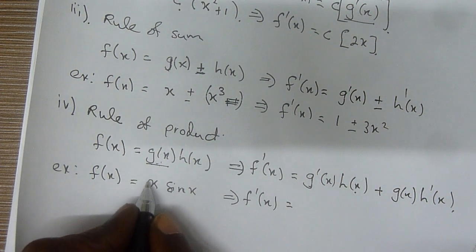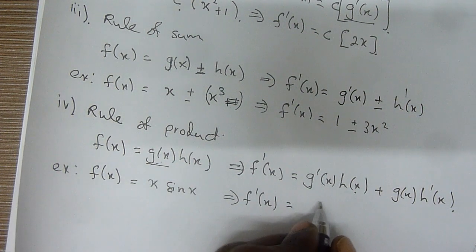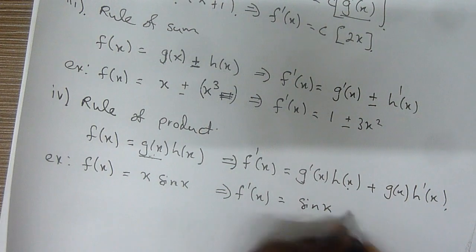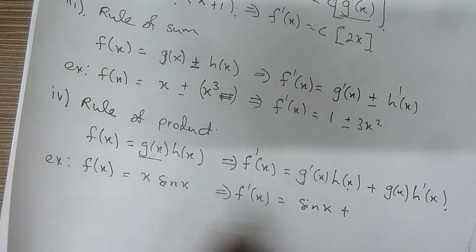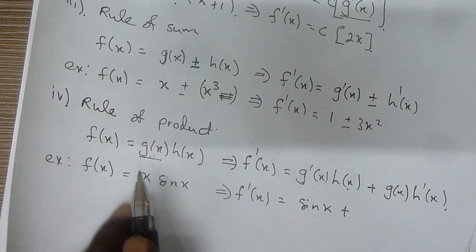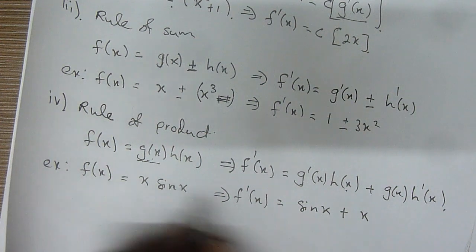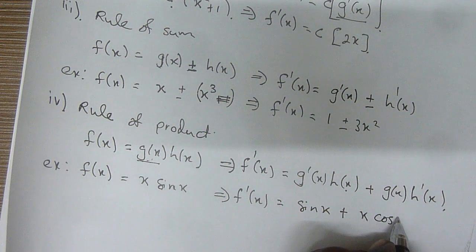When you differentiate this x here, you will get 1, therefore you get sine x. In the second scenario you treat x as a constant and differentiate sine x, therefore you will get cos x.